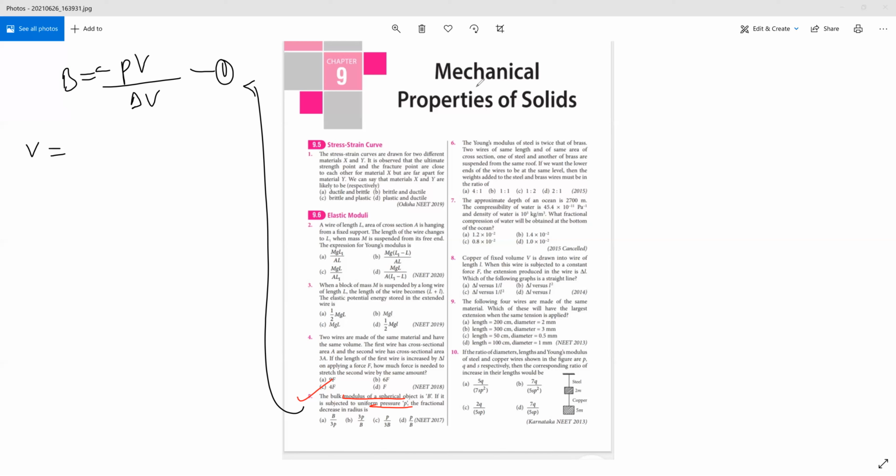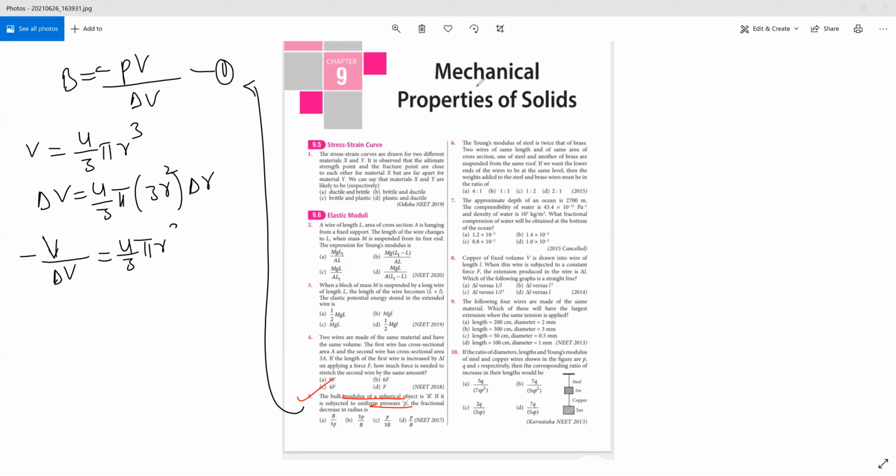And volume of the spherical object of radius R is given by V is equal to 4 by 3 pi R cube. And change in volume is given by 4 by 3 pi 3 R square into delta R. So V divided by delta V is equal to 4 by 3 pi R cube divided by 4 by 3 pi 3 R square into delta R. Or you can write this as minus of V divided by delta V is equal to minus of R divided by 3 times of delta R. So put the value of equation 1.